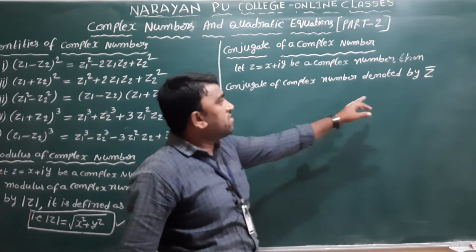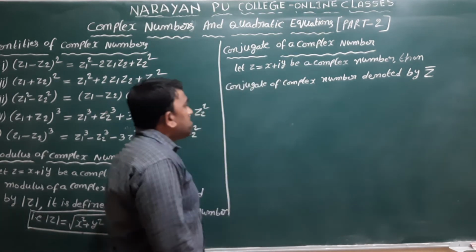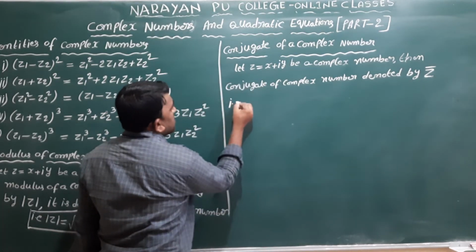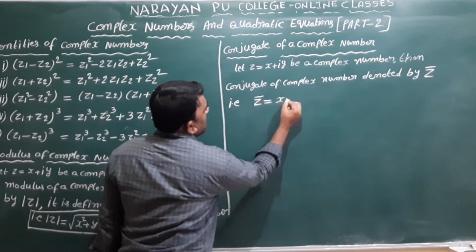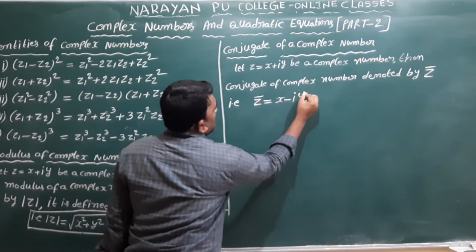So how to read this? Z bar. So that is z bar equal to x minus iy.